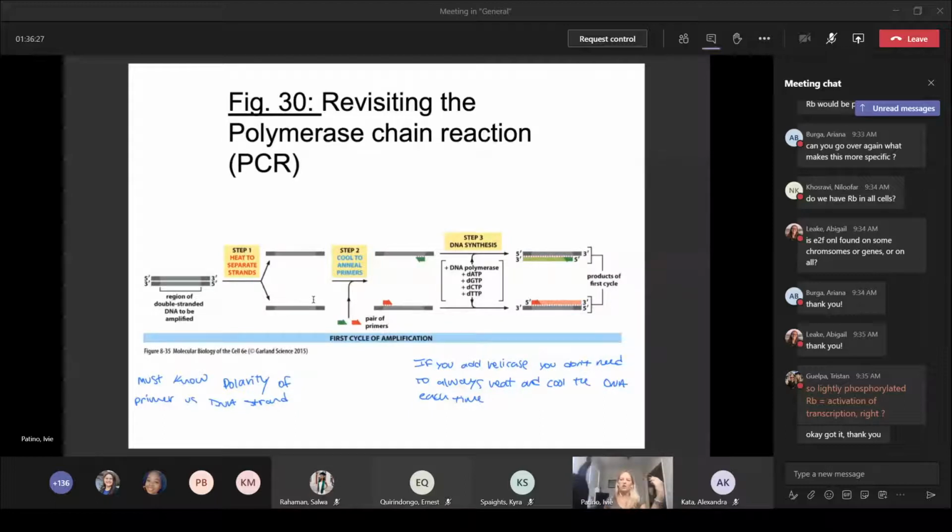Then we need DNA polymerase, and we need nucleotides, because if we don't have nucleotides, DNA polymerase is not going to have anything to make that new strand of DNA with. So we need nucleotides, DNA polymerase, helicase, primers, and our DNA that we want amplified.